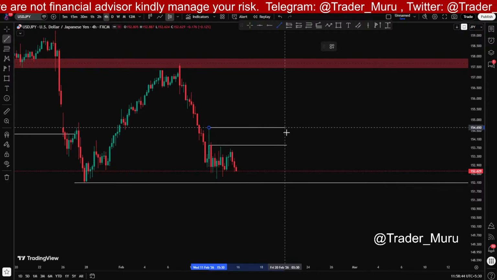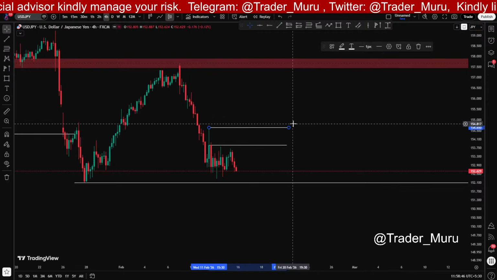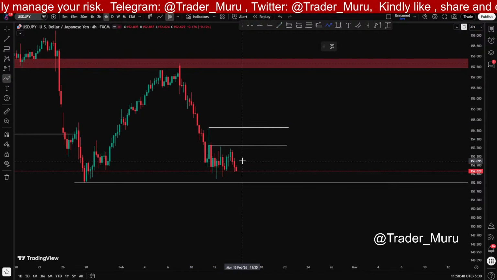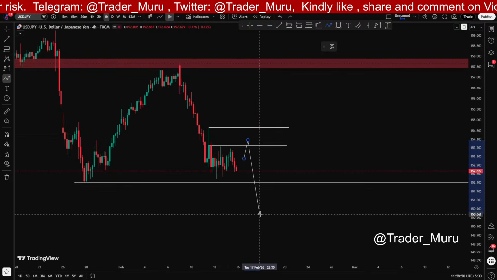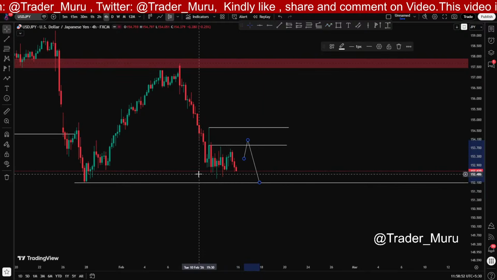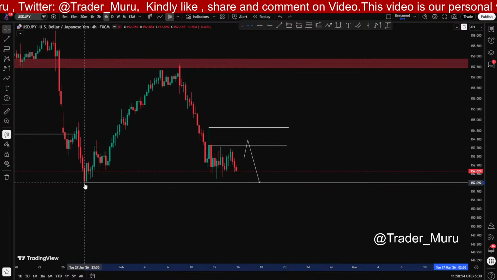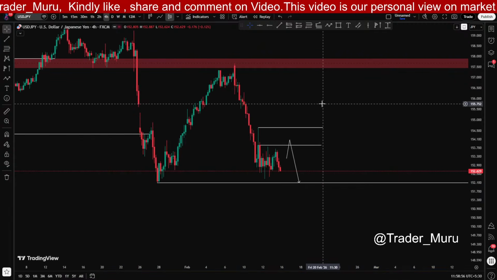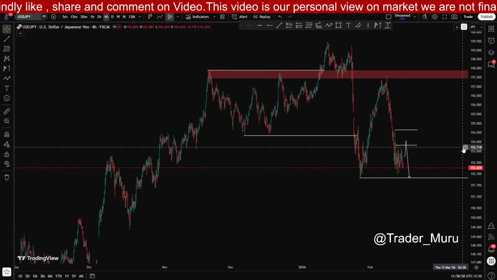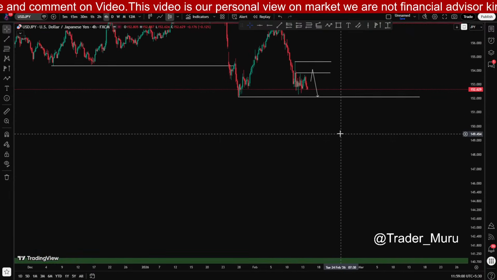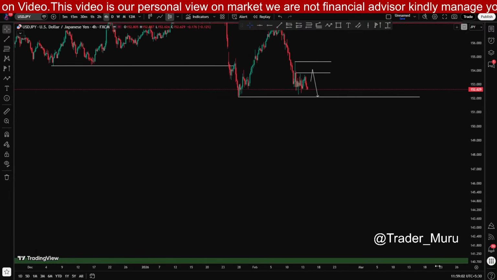From here, if the market tests this area, you can expect it to drop. First target will be this low. And you can swing it towards 140.